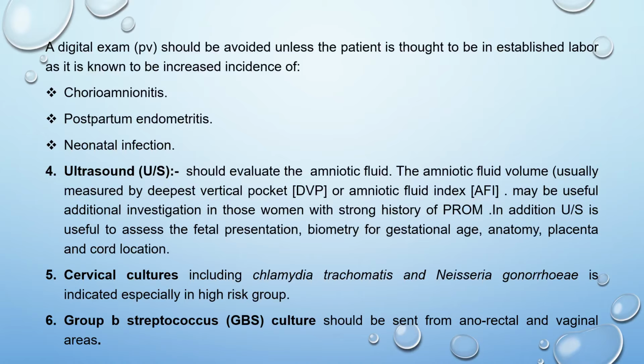Cervical culture: we said infections are one of the causes of preterm rupture of membrane, so cervical culture including Chlamydia trachomatis and Neisseria gonorrhoeae is indicated, especially in high risk groups. Group B streptococcal infection should be cultured and sent from the anorectal and vaginal area.